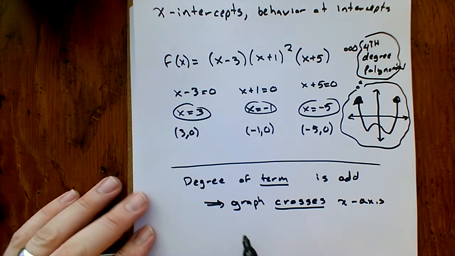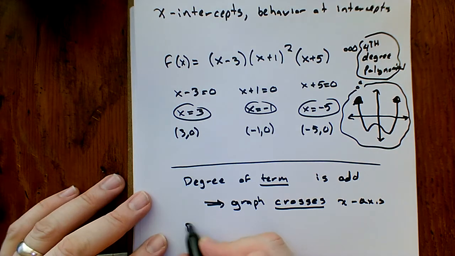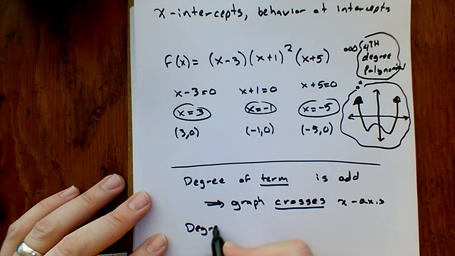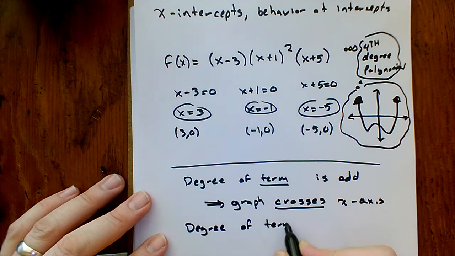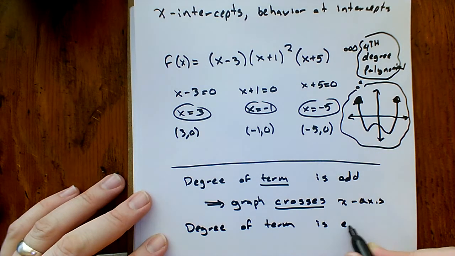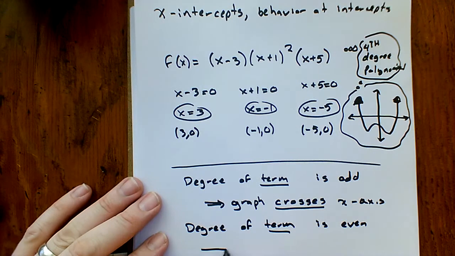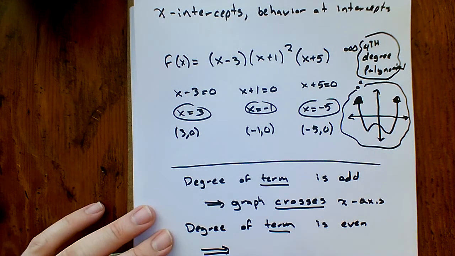If the degree of the term is even, then it is going to touch the axis.